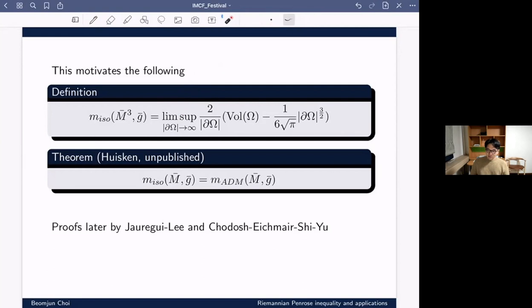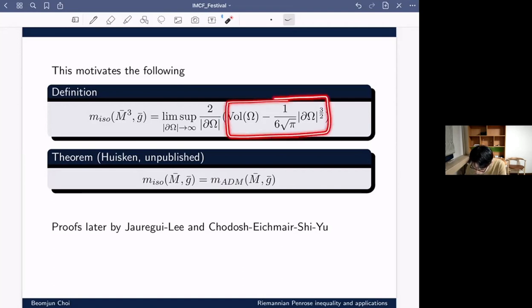Then the theorem of Huisken, which is unpublished, is that for an asymptotically flat manifold, this M iso defined by this expression is equal to the ADM mass. So the ADM mass can be characterized by this isoperimetric difference. Let me explain again.